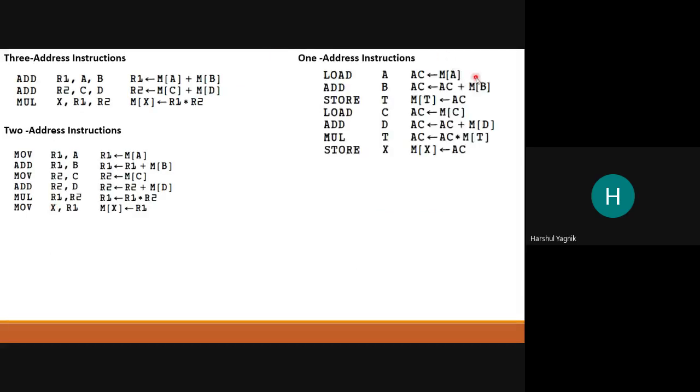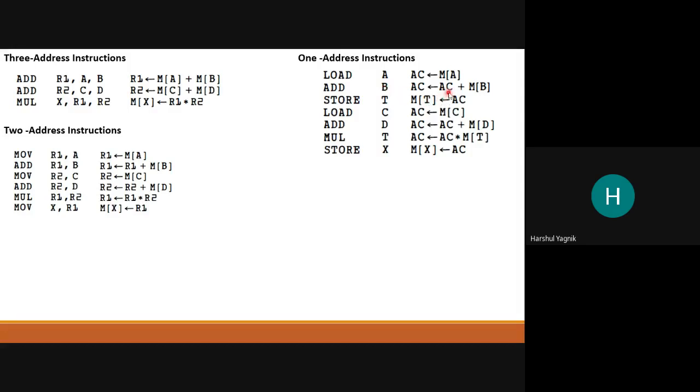First, the operand from the memory location whose address is A is loaded to the accumulator. Then we execute the add instruction, ADD B, because this instruction takes by default one operand in the accumulator.